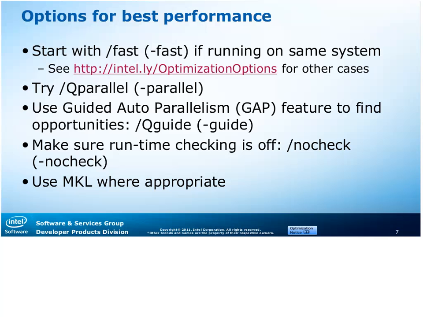And I have seen customers tell me that they got a 7x or even 20x performance improvement by simply replacing the use of a generic library routine with Intel Math Kernel Library. So these are options that don't require a lot of effort. You try them, and they may significantly improve performance of your application.